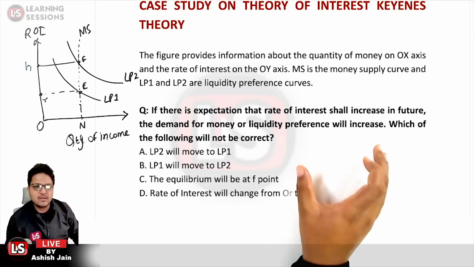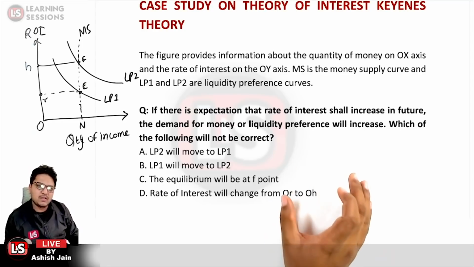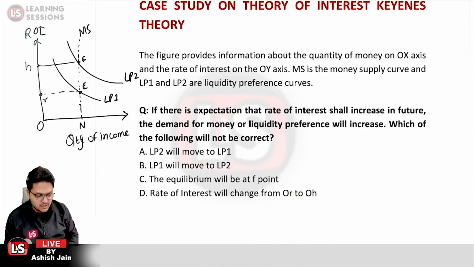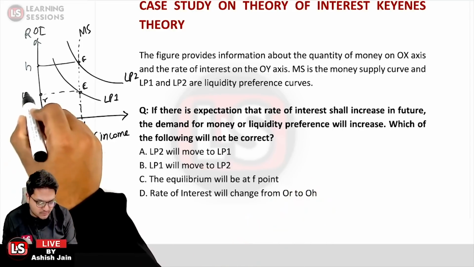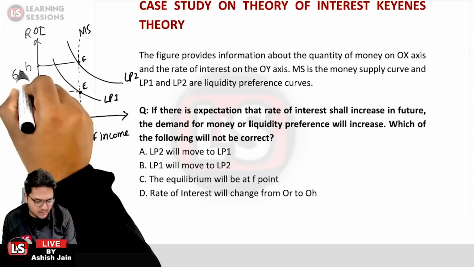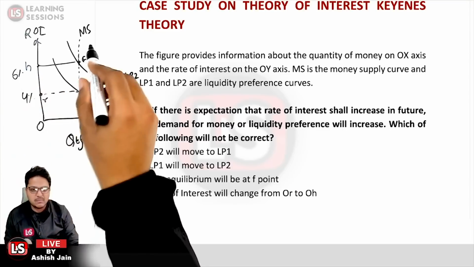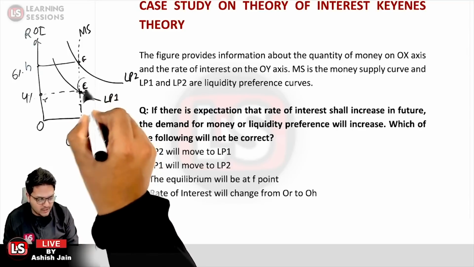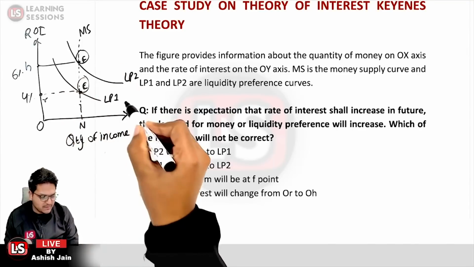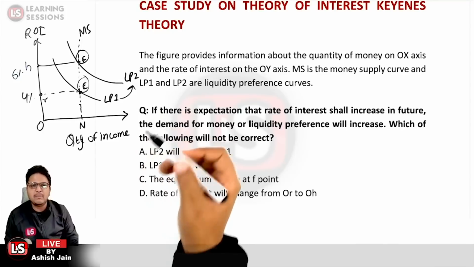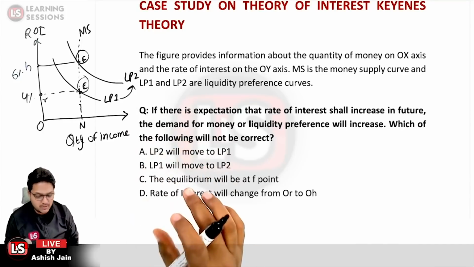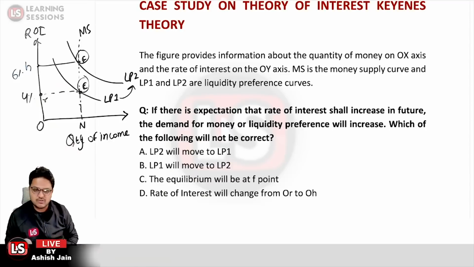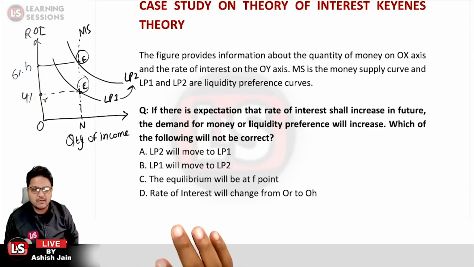Let us take the case that previously it was 4% and now it is 6%. Now when it is increased and the money supply is fixed, our equilibrium point will shift from point E to point F, and our LP1 curve will move towards the LP2 curve. Already our OR interest is now increased to OH interest.